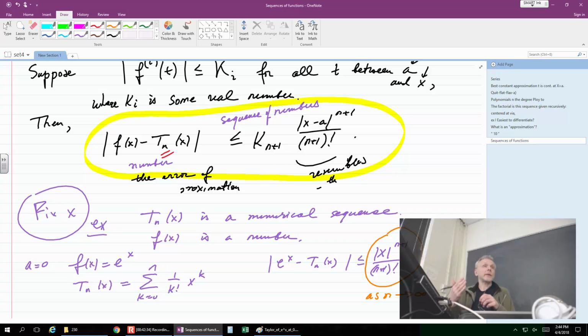So we divide by (n+1) factorial while n is growing. What's happening to the factorial as n grows? Where does it go? To infinity. Okay, the reciprocal goes where?